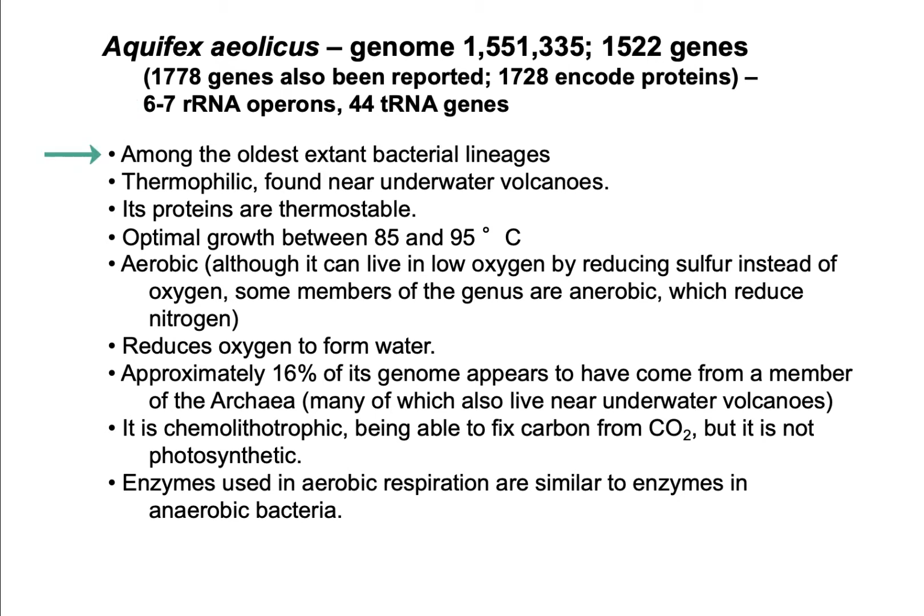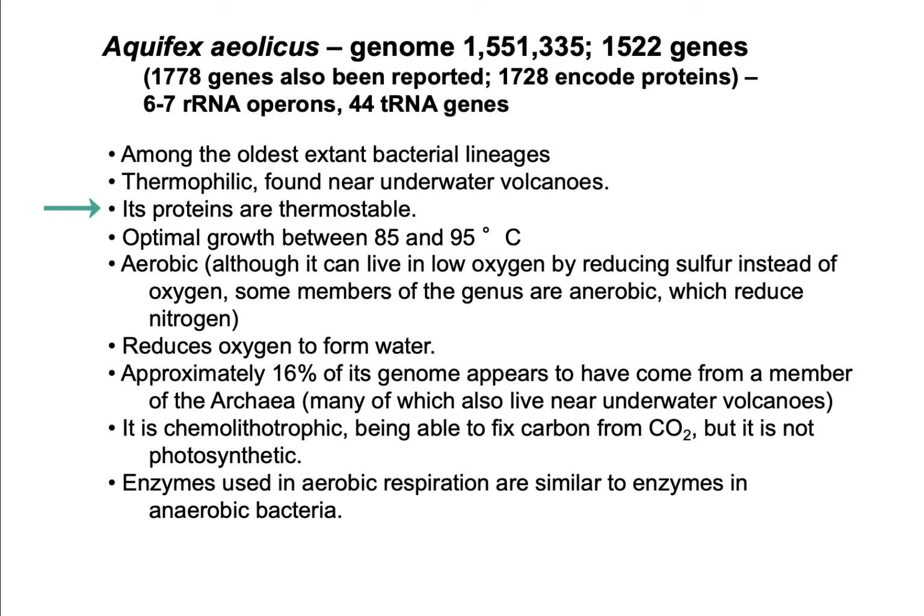So these are among the oldest extant bacterial lineages. They've been around for billions of years. They're thermophilic, found near underwater volcanoes as well as hot pools. Their proteins are thermostable, so their DNA polymerase, their RNA polymerase, all of their enzymes are thermostable.